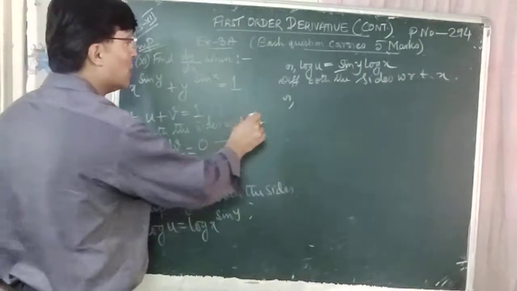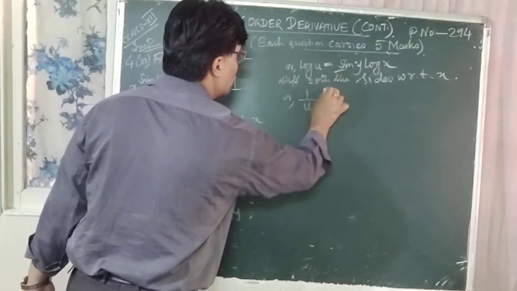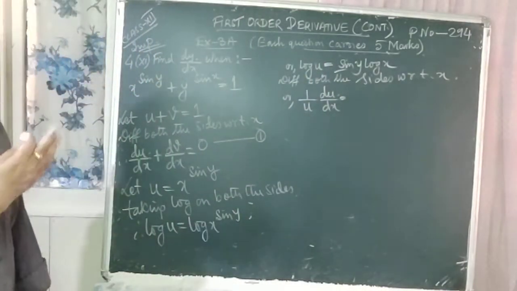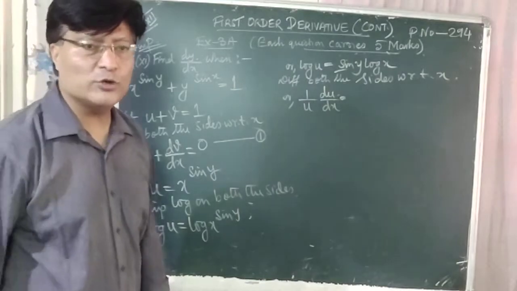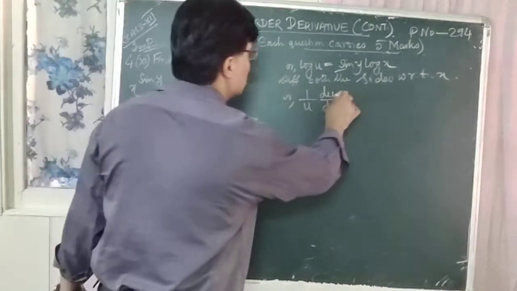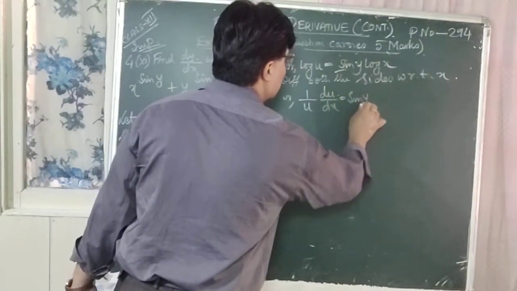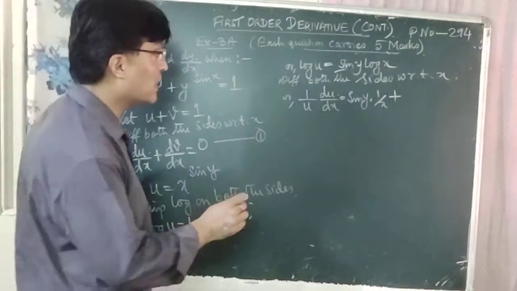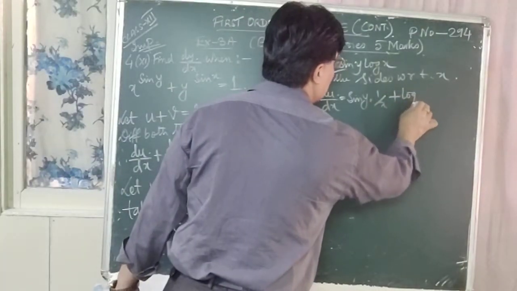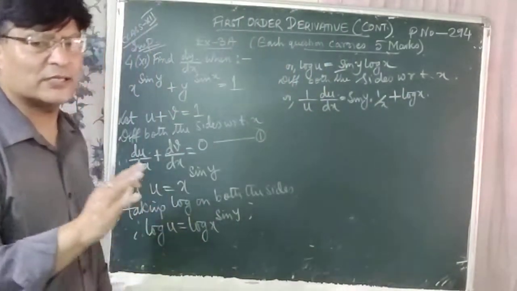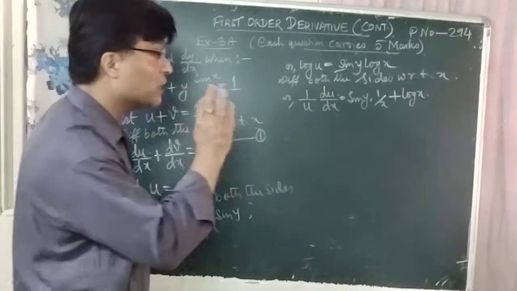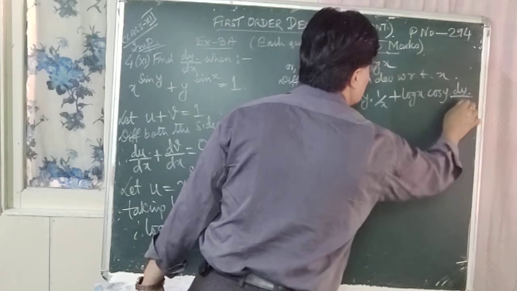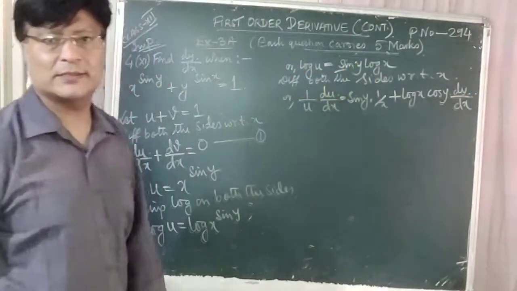First of all, it is 1 upon u into du by dx, which is equal to, now on the right hand side both are variables, so you can use the UV rule, the product rule, isn't it? Sine y is kept as it is, and the derivative of log x is 1 by x, plus log x is kept as it is into the differentiation of sine y with respect to x. First of all, it is cos y, then what do we write? It is dy by dx.